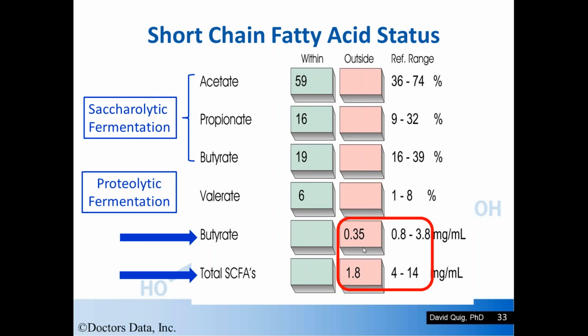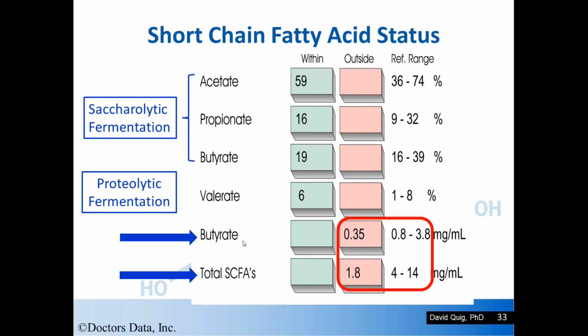Now, it's not unusual to have very normal levels of Lactobacillus, Bifidobacter, and Clostridium species, which are major butyrate producers. However, just looking at the microbes doesn't tell you enough.